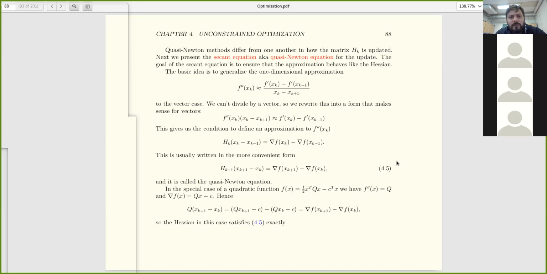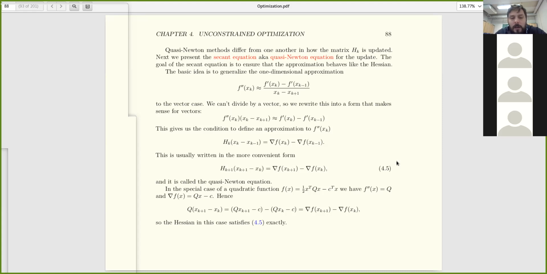I was trying to make sense of something that doesn't actually make sense. So I was explaining it very well, even though it didn't make a lot of sense. It should be xk minus xk minus 1. So sorry about that. In the equations before 4.5, it should be xk minus 1, not xk plus 1.